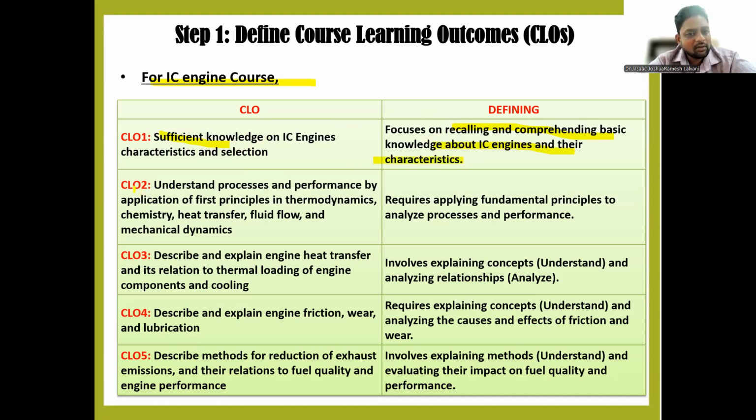Course learning outcome two is to understand processes and performance by application of first principles in thermodynamics, chemistry, heat transfer, fluid flow, and mechanical dynamics. It requires applying fundamental principles to analyze processes and performance. Like that, for each course learning outcome, I define which Bloom's level I am going to keep.